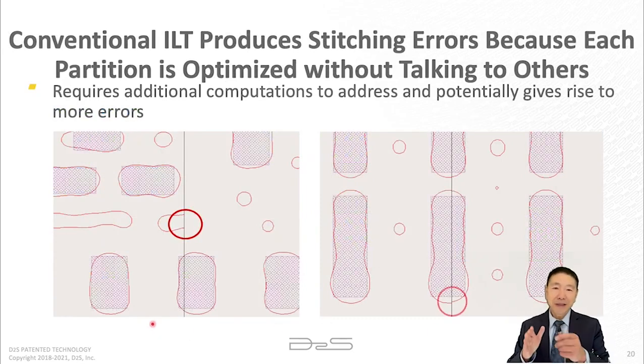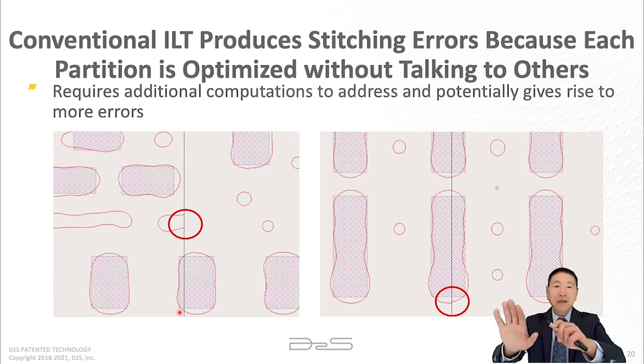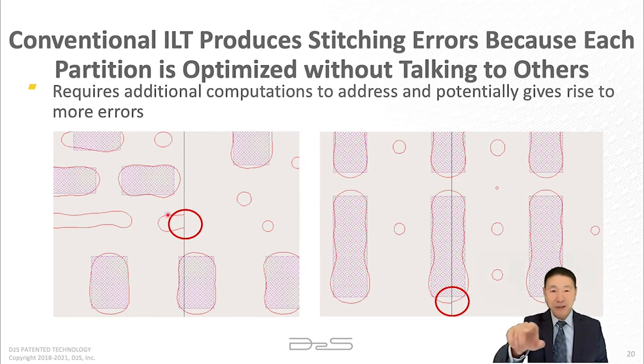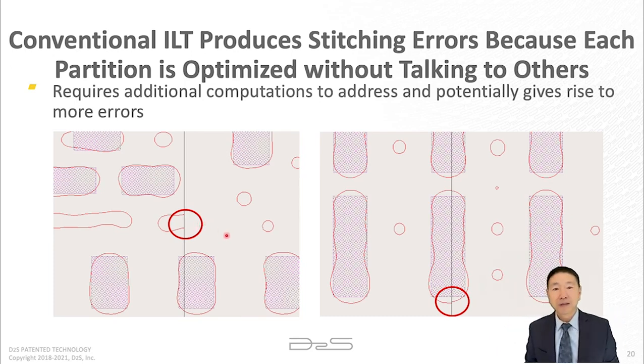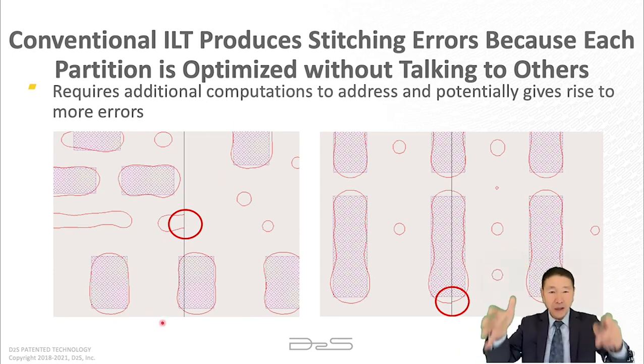As you can see in this example on the left, this is the ILT solution using the conventional partition-by-partition approach, very similar to OPC. Then you see that there are 6 features from the left partition, but if you look at the right side, you don't see those 6 features. So it causes this stitching issue. And the way to solve the stitching issue, you have to take the whole area, close the boundary, and rerun the calculation.